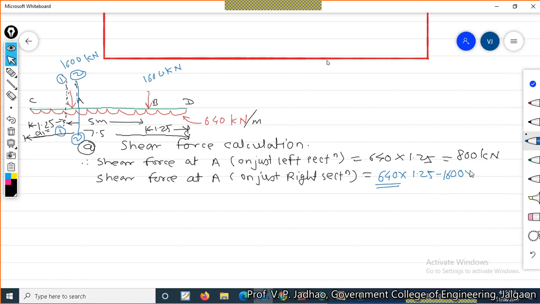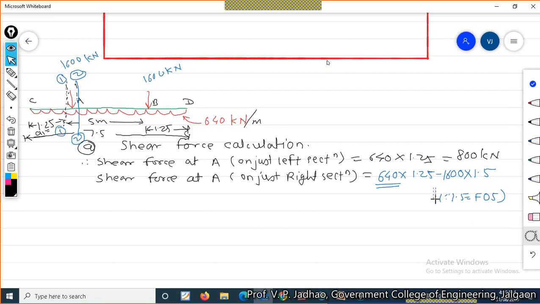Therefore, multiply this 1600 with 1.5. This 1.5 is your factor of safety.